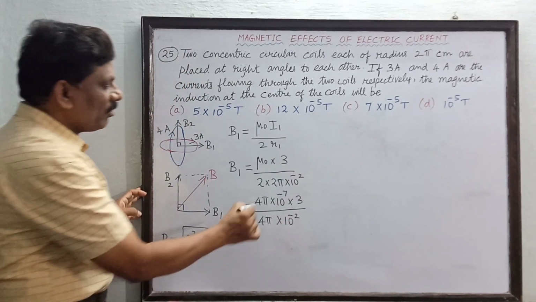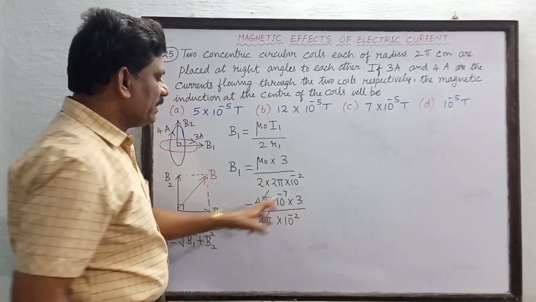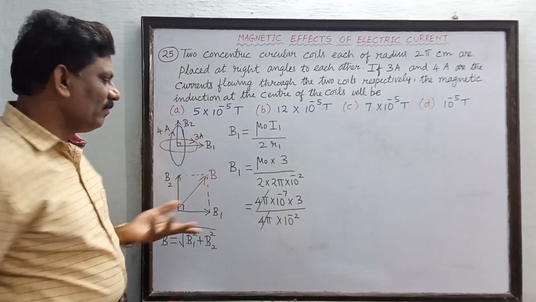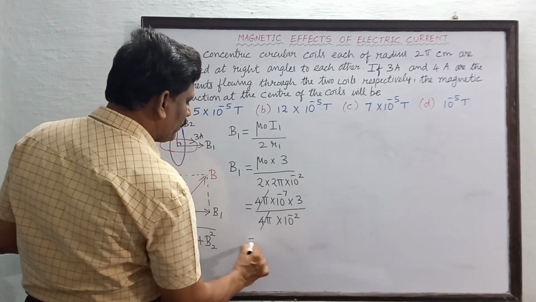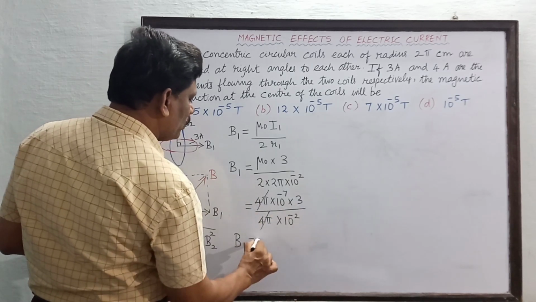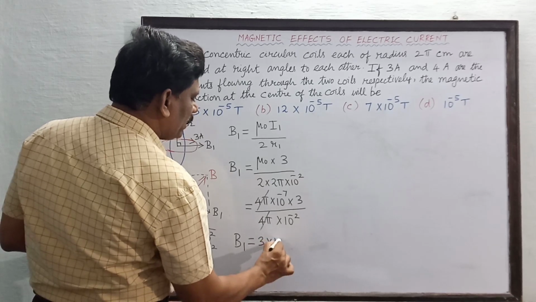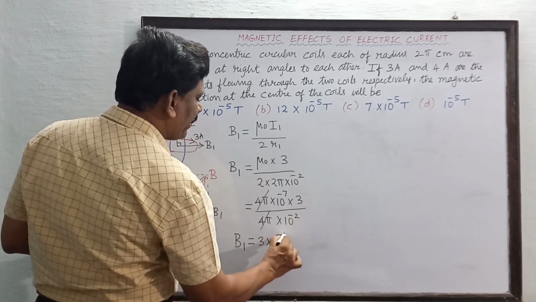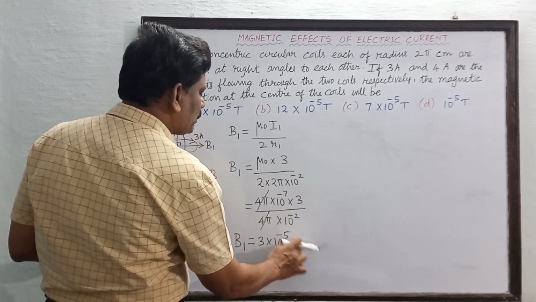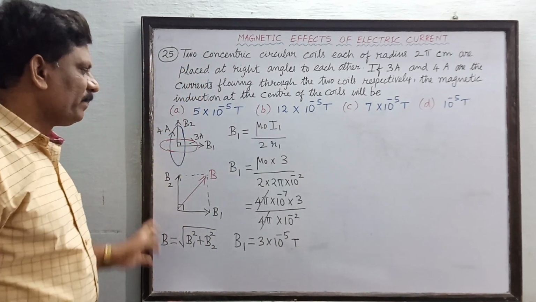Now 4π and 4π get cancelled. The 10 to the power minus 7 and 10 to the power minus 2, after cancelling, will become 10 to the power minus 5. Therefore B1 is equal to 3 into 10 to the power minus 5 Tesla. So this is the expression for B1.